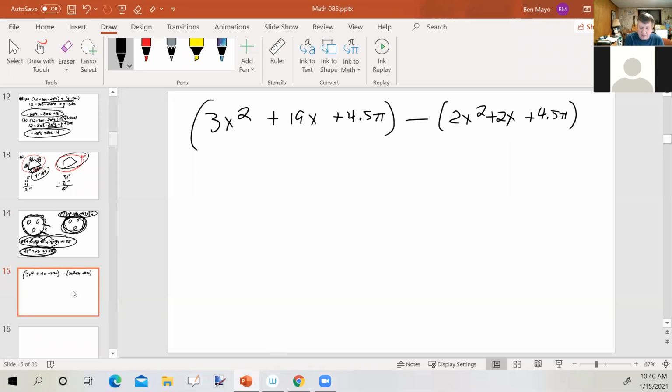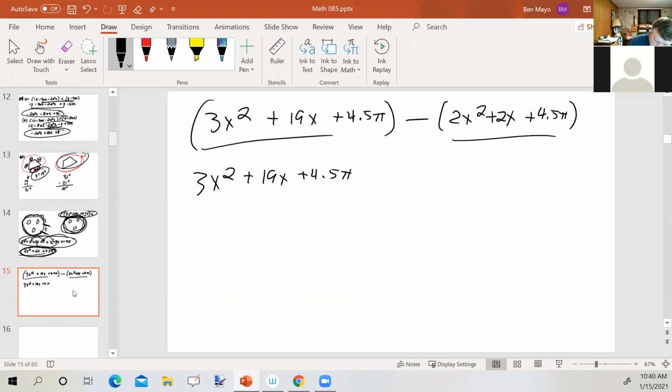All right, so I've got the total distance minus everything but the missing piece. So I can bring down my first trinomial because there's nothing in front of it. But then I'm going to distribute the subtraction sign. So minus 2x squared minus 2x minus 4.5 pi.